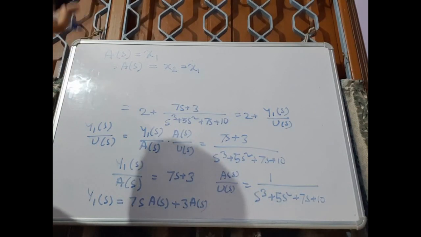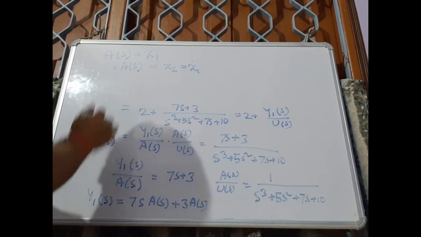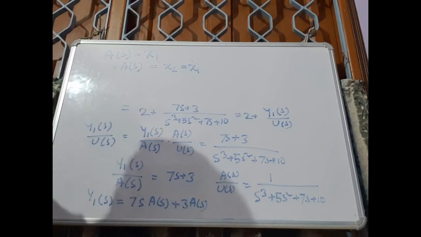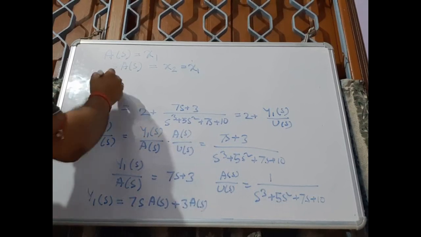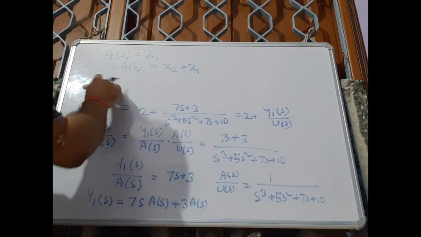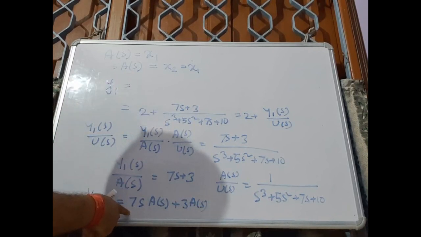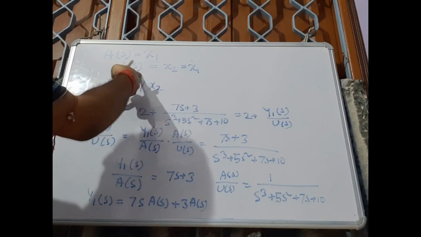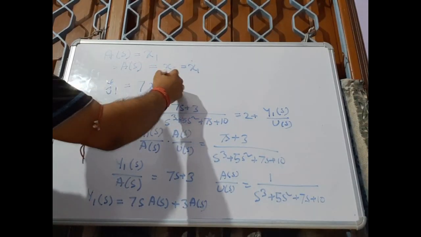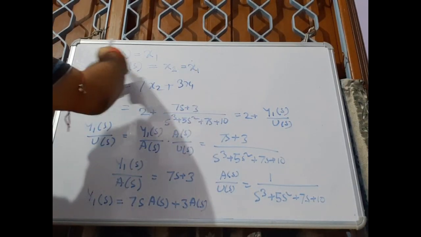This Y1(s) can be written as, take small y1, this will be 7x2, because s into A(s) is equal to x2, plus 3A(s), so 3x1, right?